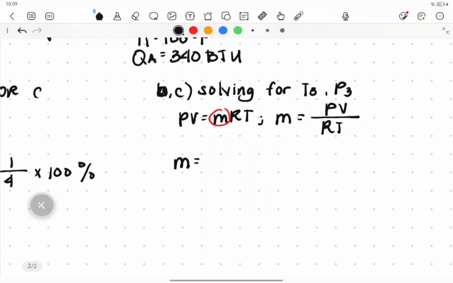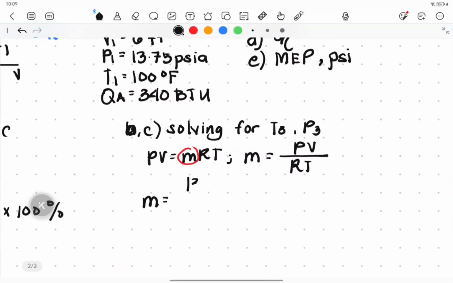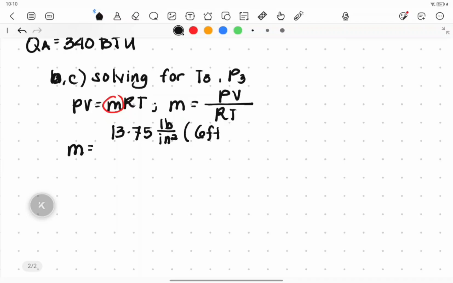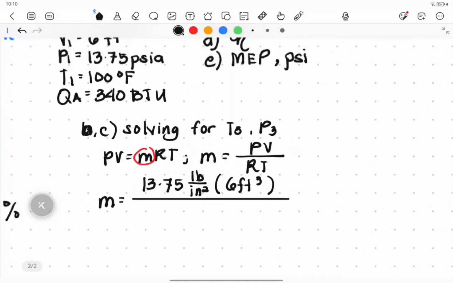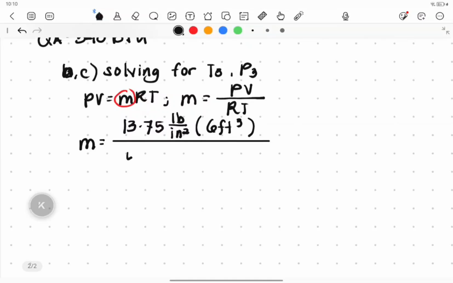So mass is, our P1 is 13.75 pounds per square inch. Our volume is 6 cubic feet. Our R, if it is in English unit, we are using 53.3. This value varies because in our school we use 53.3, but in some other school they use 53.5, 53.33, something like that.